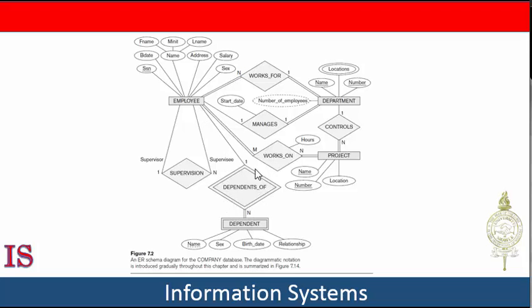This double line indicates an identifying relationship. This identifies the employee to the dependent and vice versa. We see also that this is a relationship between the employee table and the dependent table, and note the double outline for the dependent table indicating that it is a weak entity.